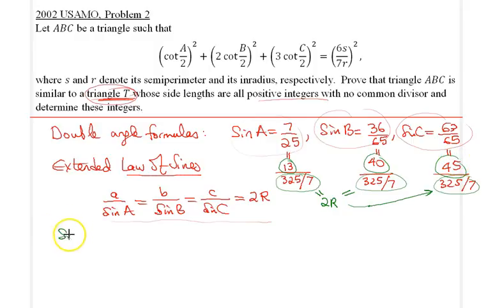So the side lengths of the smallest triangle T are 13, 40, and 45, where these numbers are relatively prime, obviously. And that actually solves the statement of the problem.